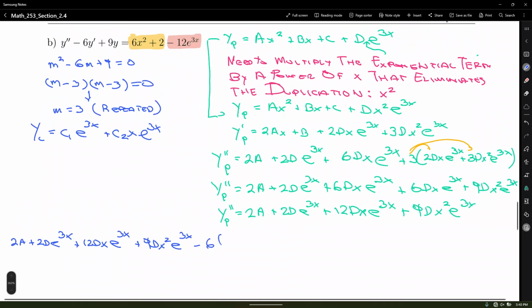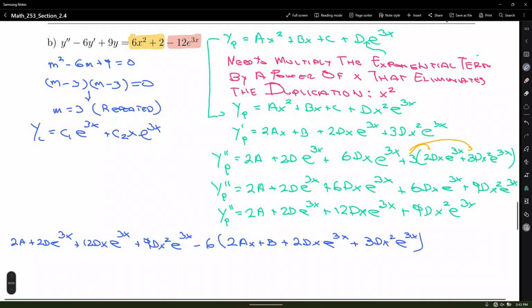Minus 6 times the first derivative, which is y sub p prime, which is how many terms? All these, 1, 2, 3, 4 terms. 2ax plus b plus 2dx e to the 3x plus 3dx squared e to the 3x.